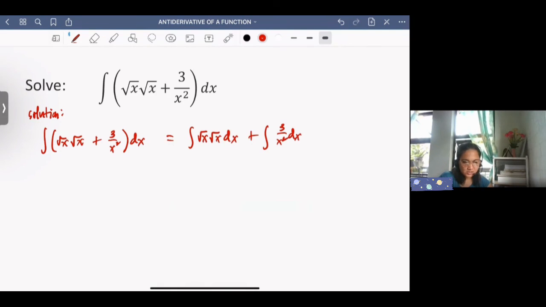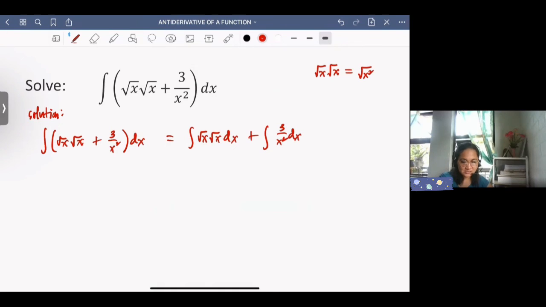So as you can see, we have the square root of x times square root of x. And since they have the same index, we can multiply x and then x. So this will be square root of x. Let me write it here. Square root of x times square root of x means square root of x squared.